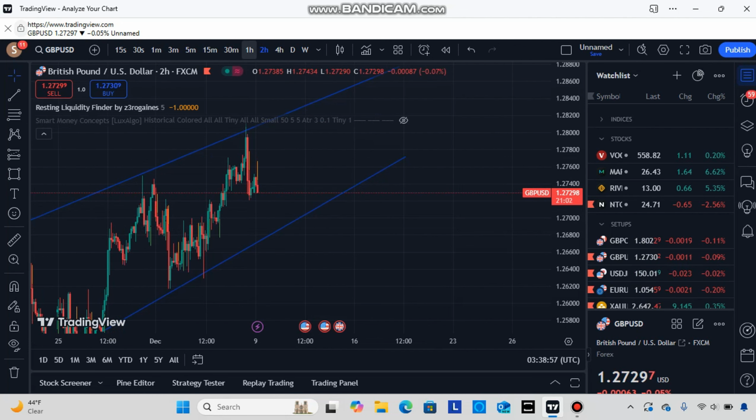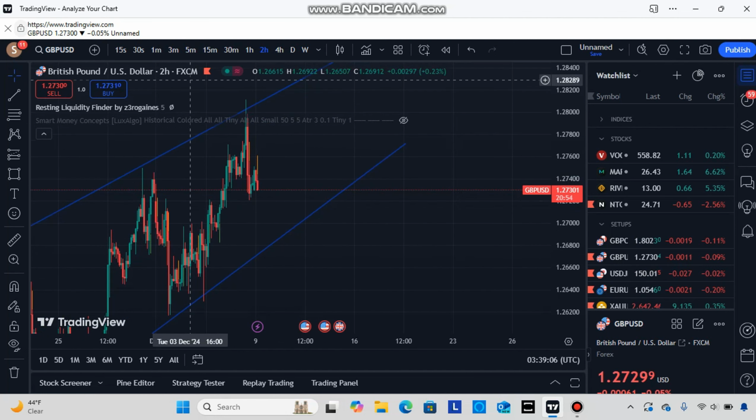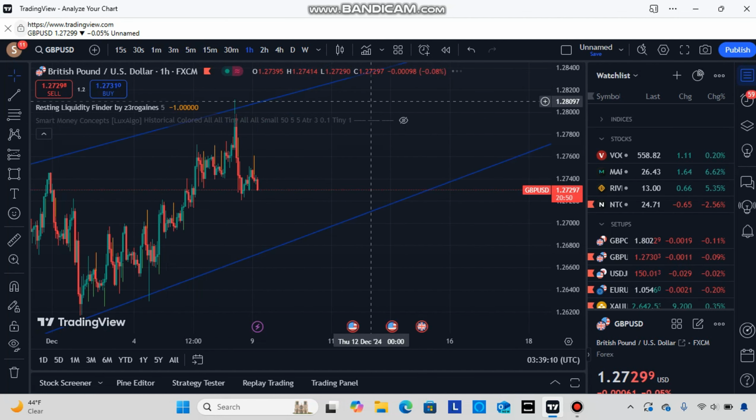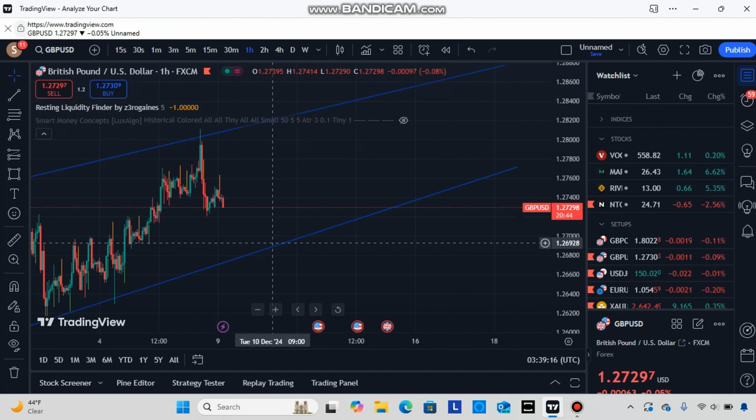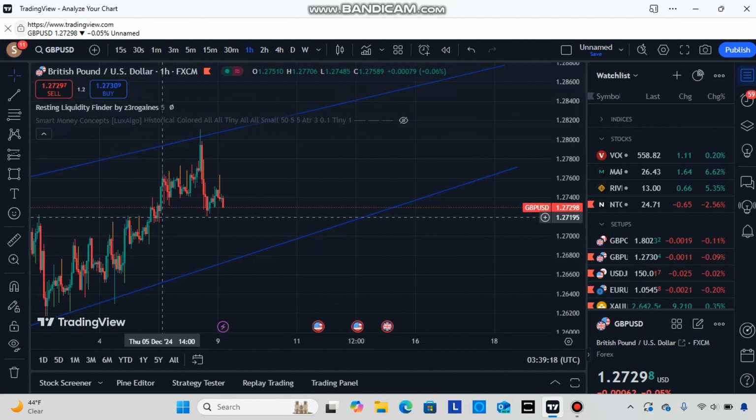But we got a lot of liquidity down here. We got a zone. Bear in mind, it's Sunday night. I don't trade on Sundays. So, it's ejecting this zone pretty well.